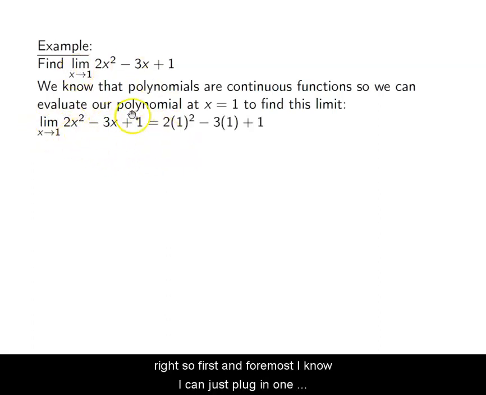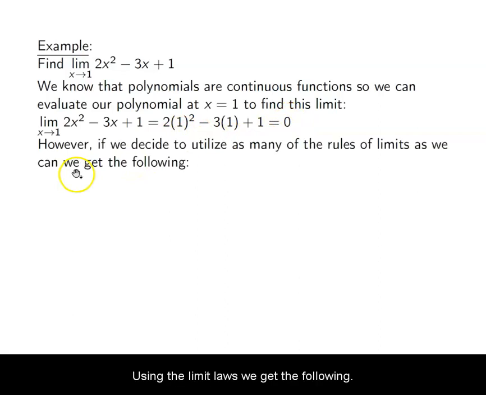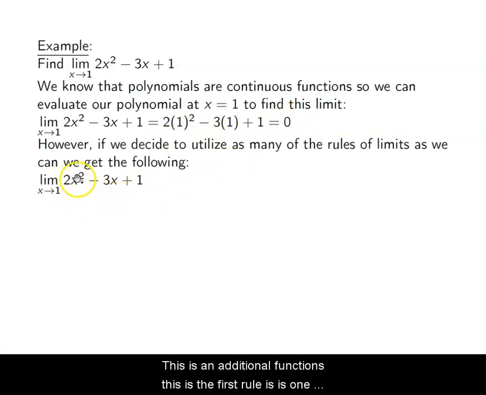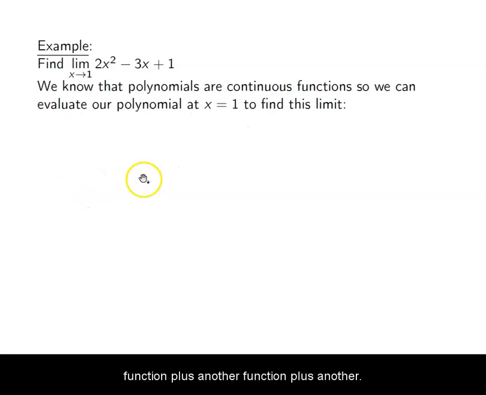So first and foremost, I know I can just plug in 1, and my limit will come out to 0. Okay, no problems there. Using the limit laws, we get the following, okay? This is an addition of functions. This is the first rule. This is one function plus another function plus another function.